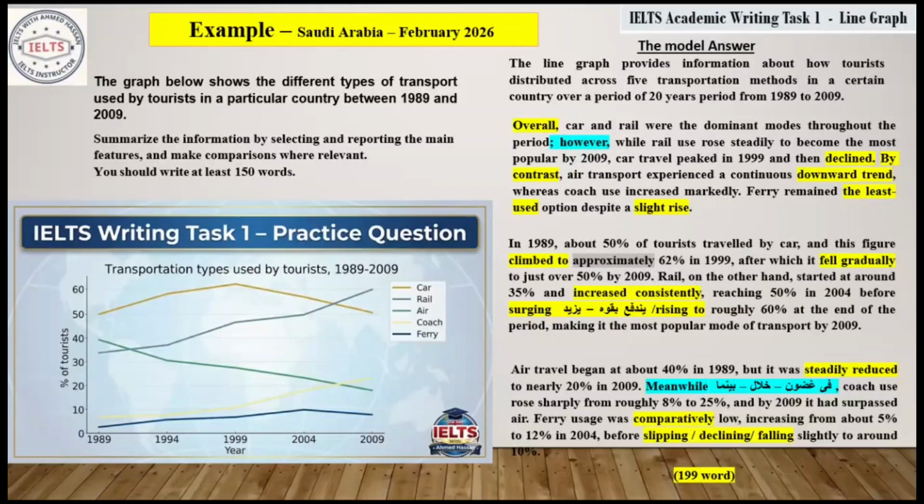In IELTS writing task 1 or IELTS writing task 2, you should use linking words. You should use connectors to level up your grammatical range and accuracy and coherence and cohesion. If you see however, you will find that there is a semicolon before and a comma after.